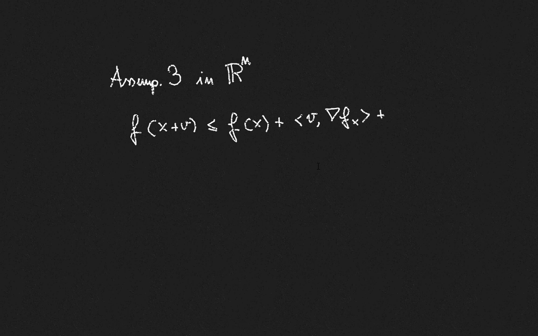In Rn, we are saying that f of x plus v is less than or equal to f of x plus v times the gradient of f at x plus this error term.